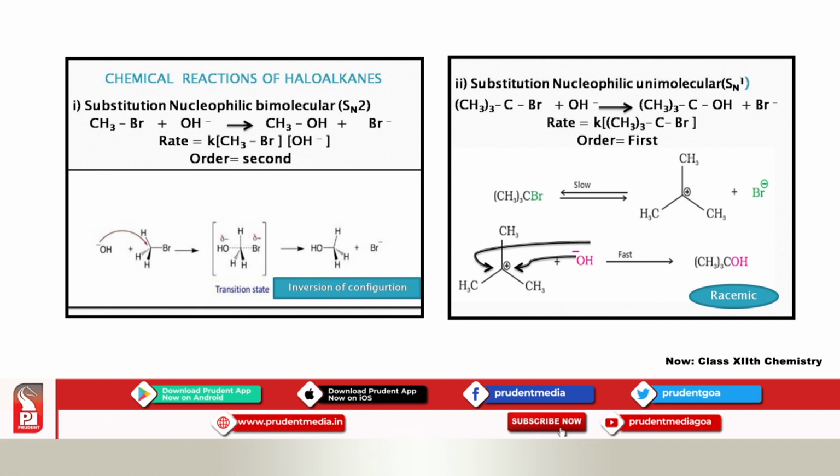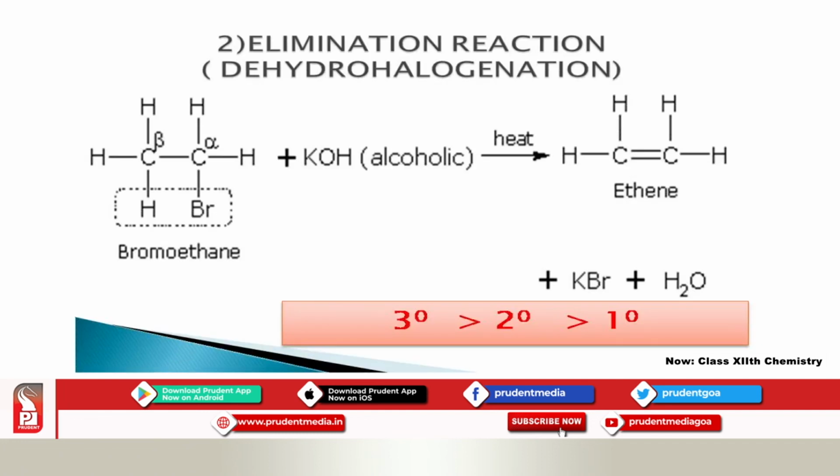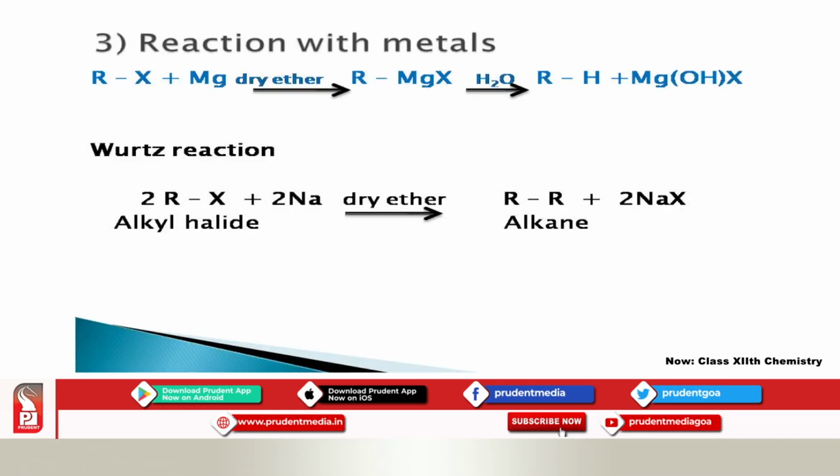Second one we have seen elimination reaction, that is also known as the dehydrohalogenation, and third one was the reaction with metals. In reaction with metals, we have studied formation of the Grignard reagent, and when Grignard reagent was treated with the water molecule, we got an alkane, and the second reaction was the Wurtz reaction.